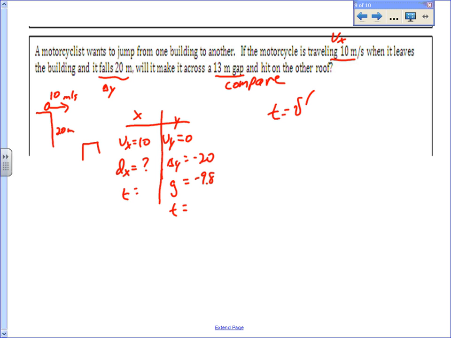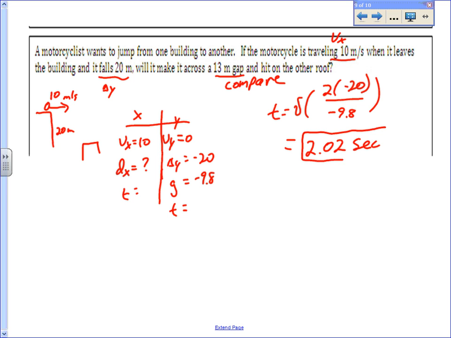So t equals the square root of 2 times negative 20 over negative 9.8. So the time in the air is going to be a little bit over 2 seconds. And we're now going to find the distance covered along the x-axis while it's in the air and falling.